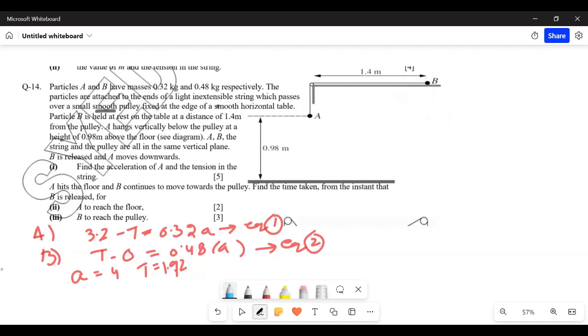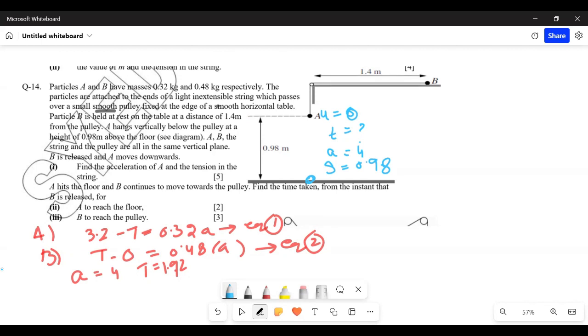For A, U is 0, and when it hits the ground we need the time. We already know the acceleration of the connected particles, it's 4, and we also know S here, which is 0.98. So let's use these 3 parameters to find T.